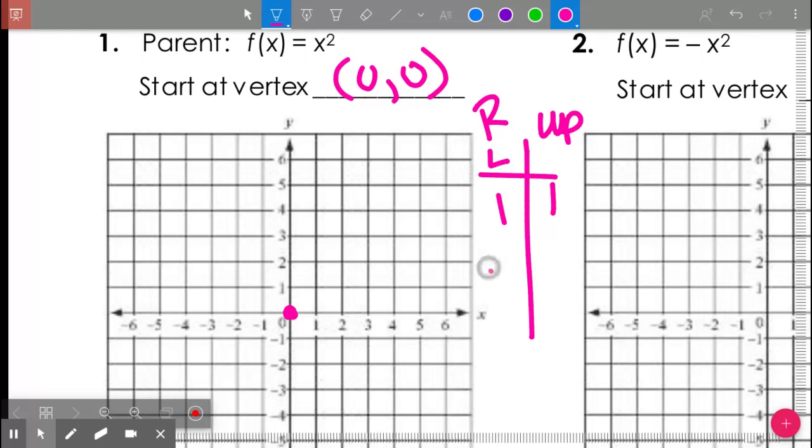If we go right or left 2, we are going to go up 4. Okay, so from my vertex, I go right 1, then I go up 1. From my vertex, go left 1, I go up 1. From my vertex, if I go right 2, I go up 4. From my vertex, if I go left 2, I go up 4. Connect my points, and there is my beautiful parent.